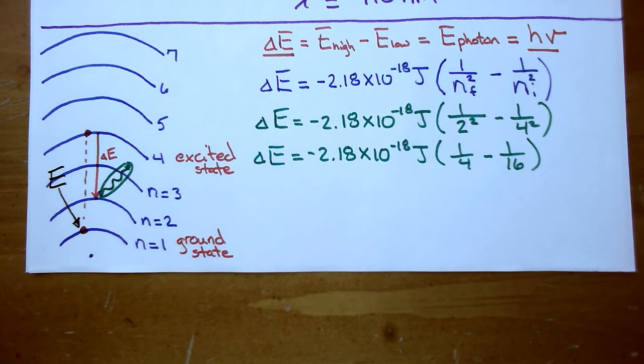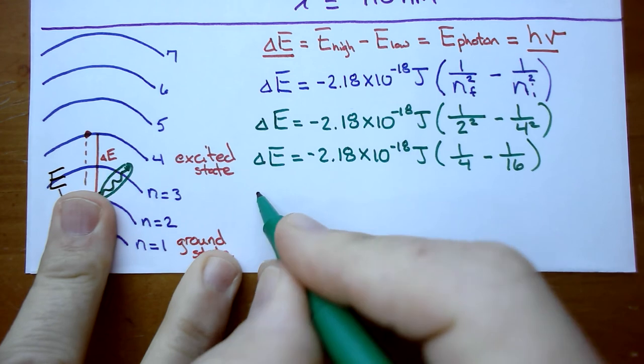I didn't have the numbers predetermined, so that's 1/4 minus 1/16, and that's 0.1875 times a negative 2.18, second function EE, negative 18, and this is the value I get.